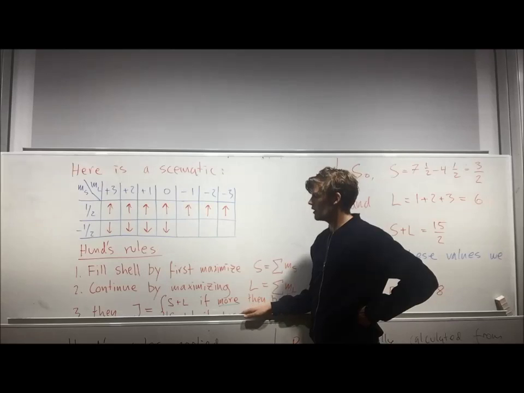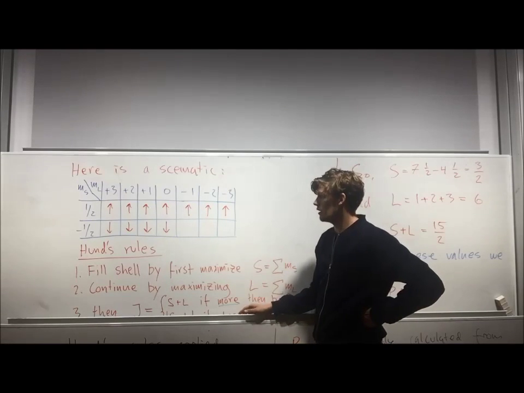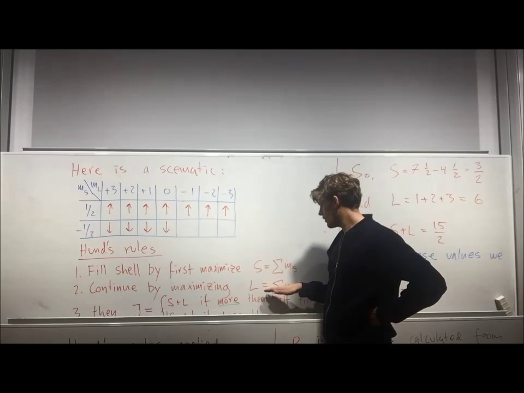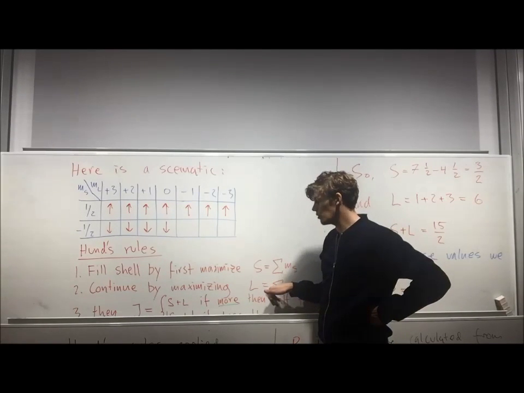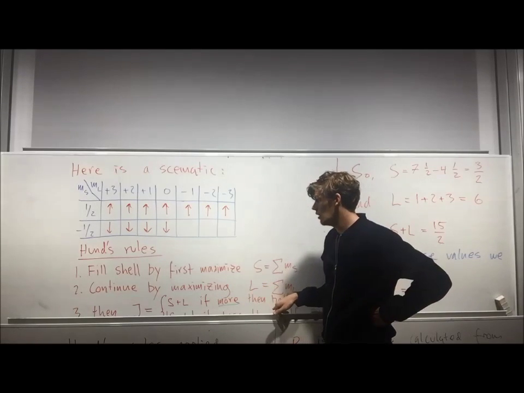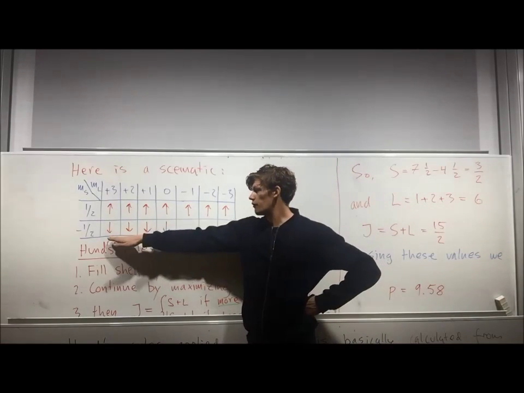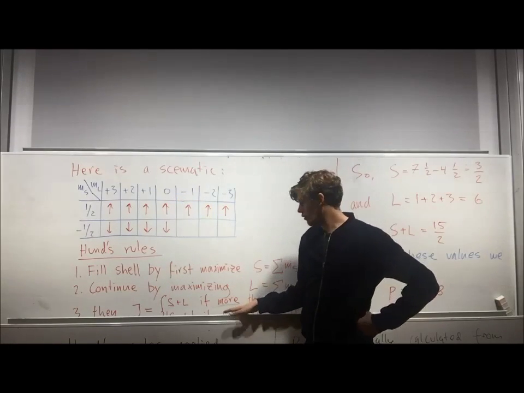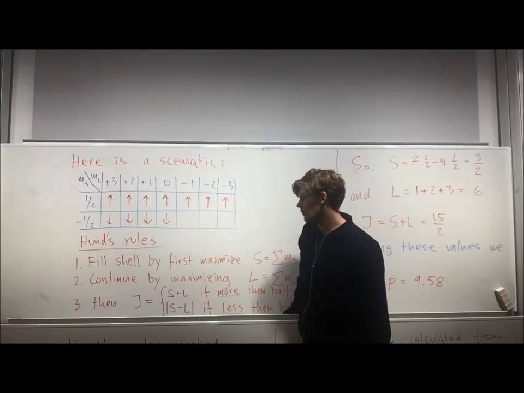Then we continue by filling the other states by maximizing the orbital angular momentum L. You see here that we fill up from the positive value, so we get the positive value for the orbital angular momentum.